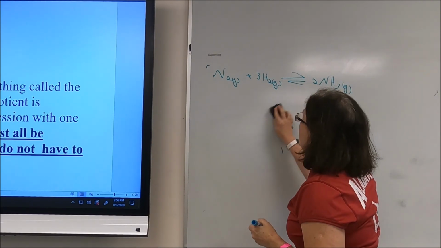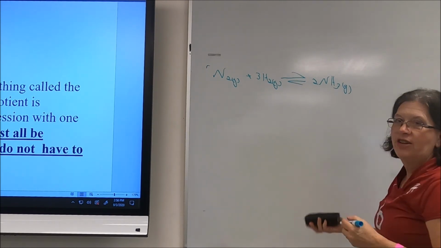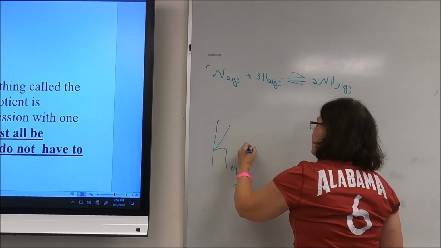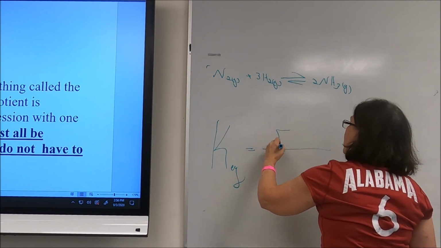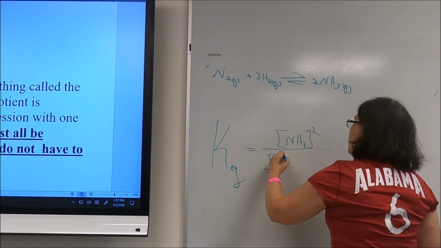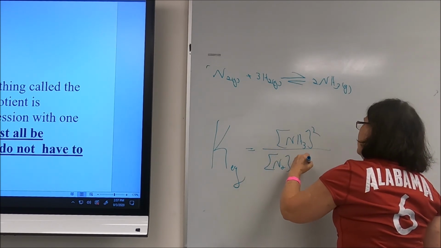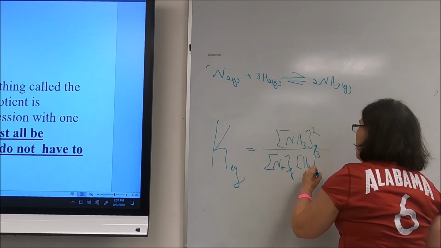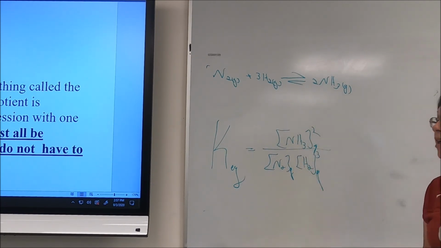Okay, so 1 nitrogen reacts with 3 hydrogens to give me 2 ammonias. So the equilibrium expression here is going to be ammonia concentration squared over the concentration of nitrogen times the concentration of hydrogen cubed, and these are all equilibrium concentrations.